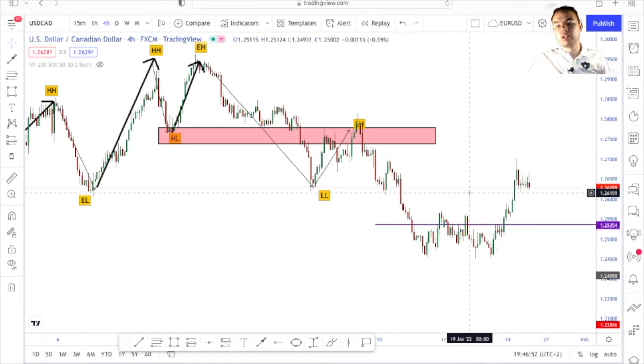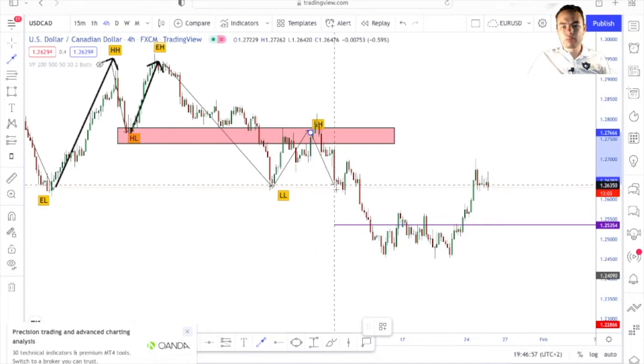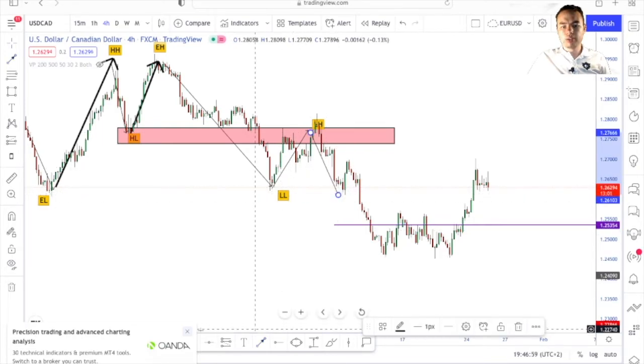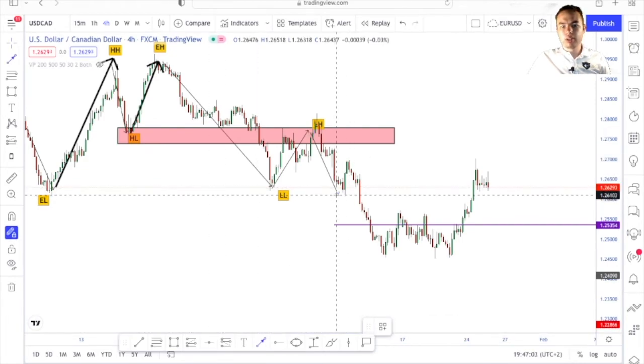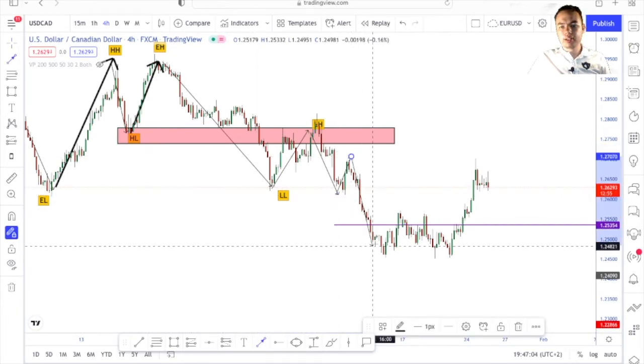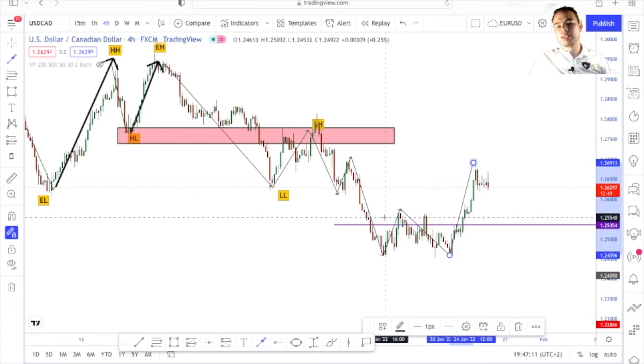It broke above. Let's continue and see where this goes. Equal low, lower high, lower low, lower high, equal low, higher high. This is a double bottom now.